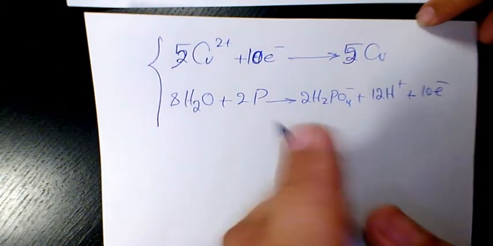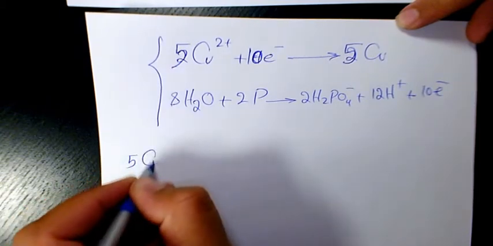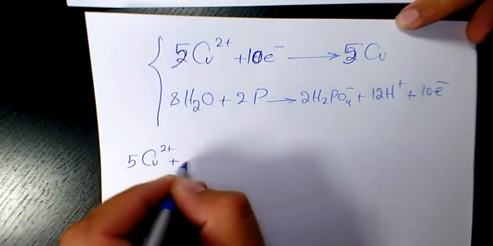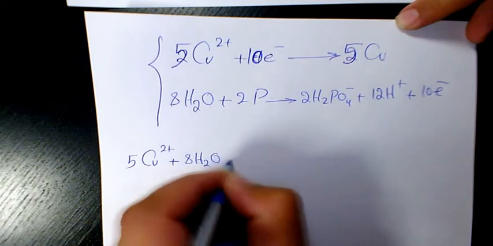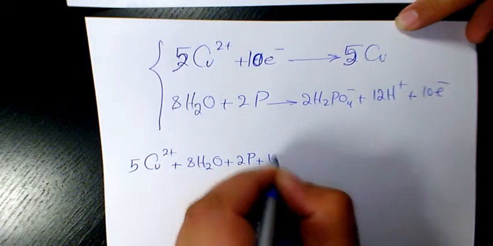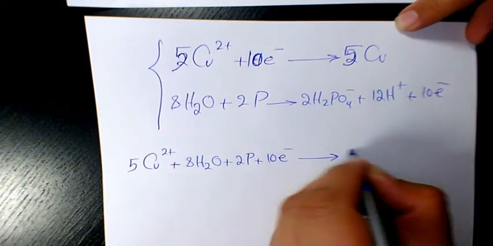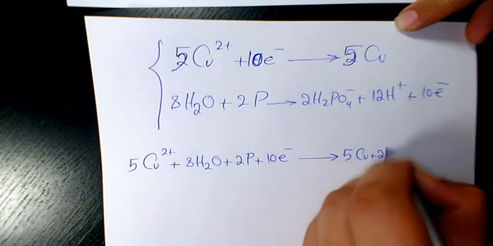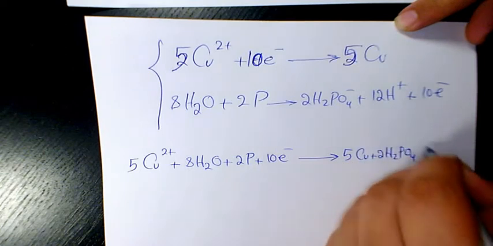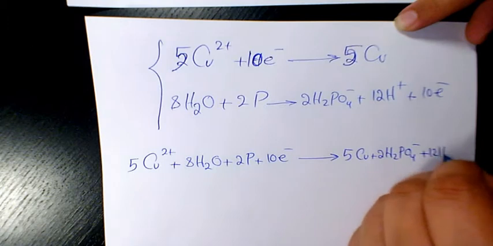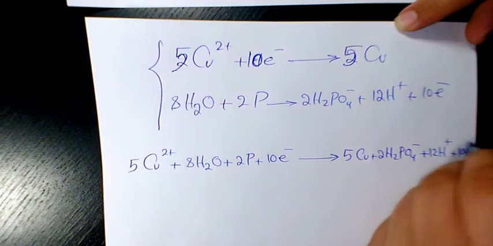Now we need to add these 2 reactions. So it's going to be 5 Cu2+ plus 8 H2O plus 2 P plus 10 electrons gives us 5 Cu plus 2 H2PO4- plus 12 H+ plus 10 electrons.